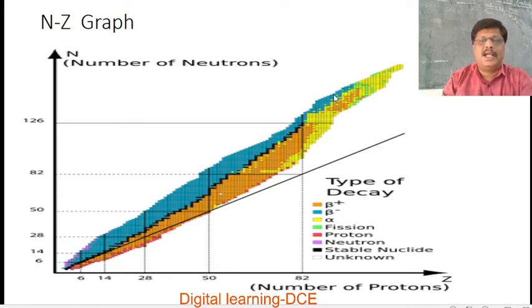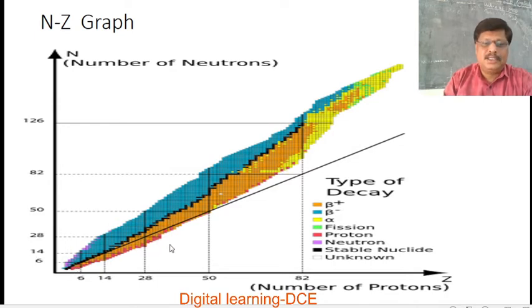To understand the emission of beta decay, we have to know about the NZ graph, that is the neutron-proton or neutron versus atomic number graph, and we can also explain the neutron to proton ratio from this graph.